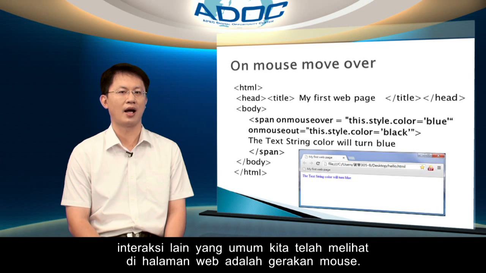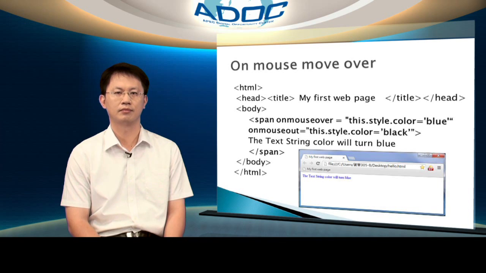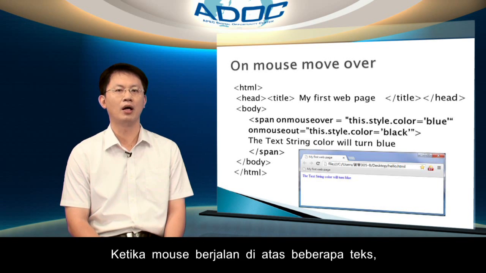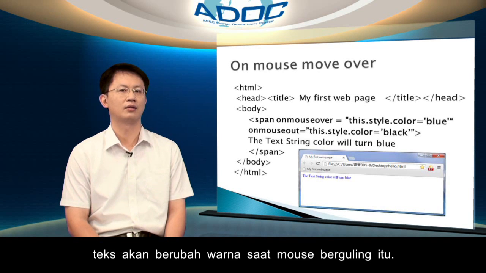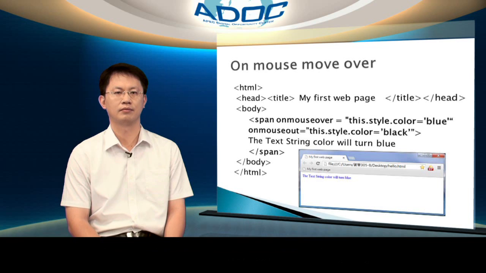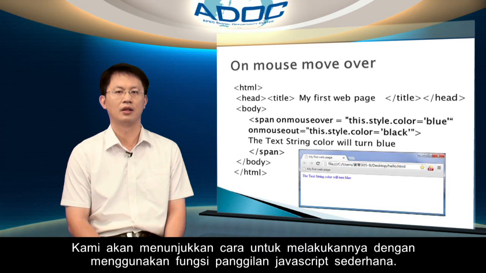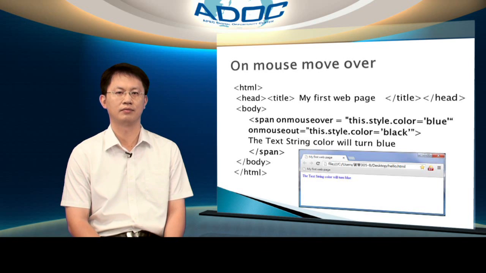Another common interaction we have seen on web pages is mouse movement. When the mouse runs over some text, the text will change colors as the mouse rolls over it. And we will show you how to do it using simple JavaScript code.